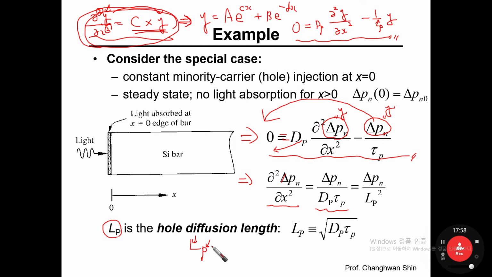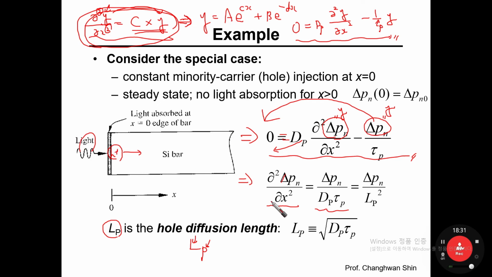Once a hole is created by light, it is going to diffuse toward the internal part of the silicon bar, and how far these holes can diffuse, the diffusion length, is a good metric of how long or how short the hole can be diffused.